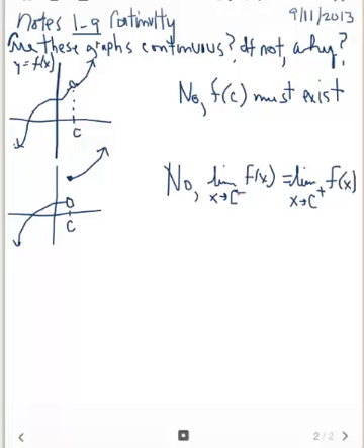In other words, if the left limit equals the right limit, we're saying that the limit exists. In order for us to have continuity, the limit has to exist as I approach C.